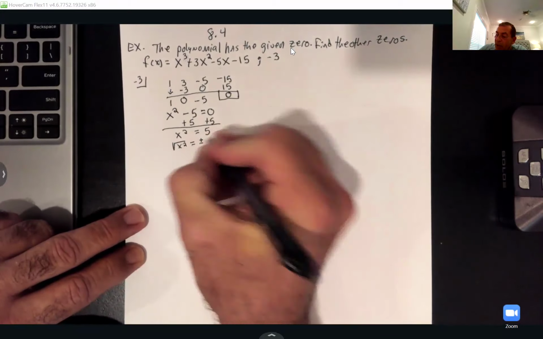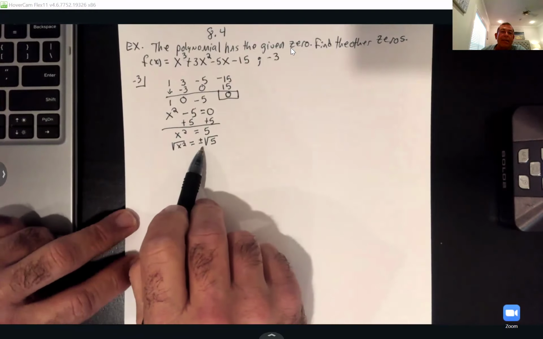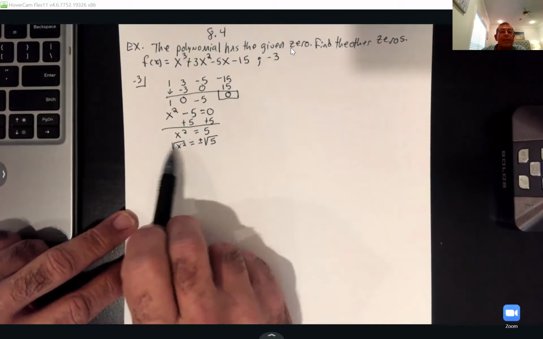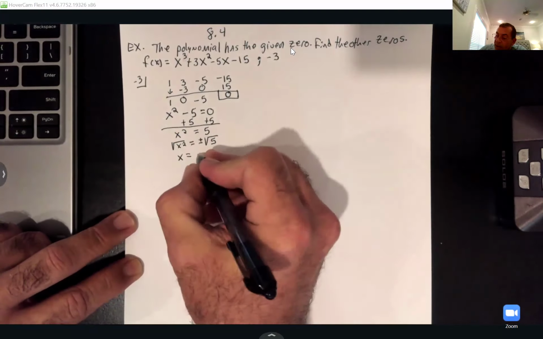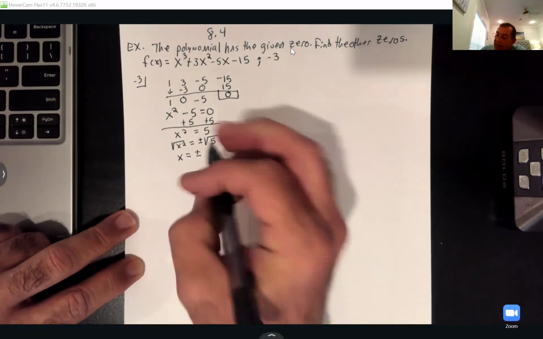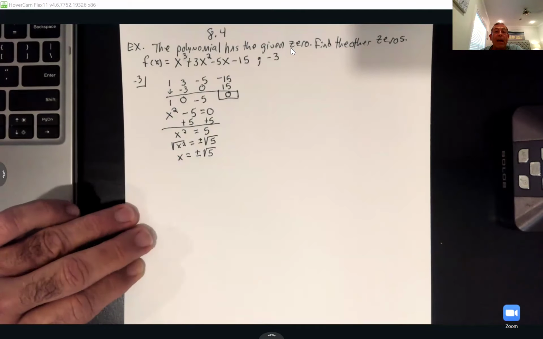Now, since I'm using a square root of a number, I'm going to do my plus or minus. All right, so the square root of x squared, those cancel, leaving the x. And y'all, this will be a plus or minus. And guess what? We cannot simplify that square root of 5. So we'll leave that as a square root of 5.